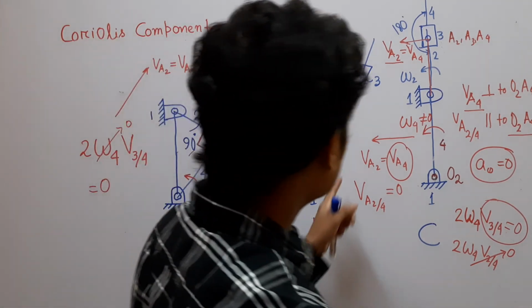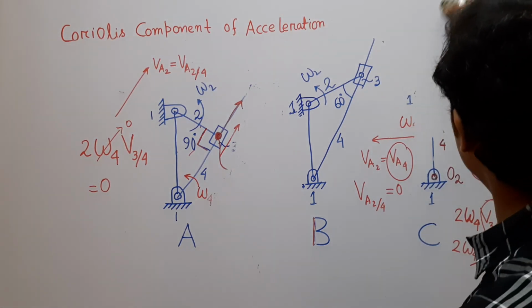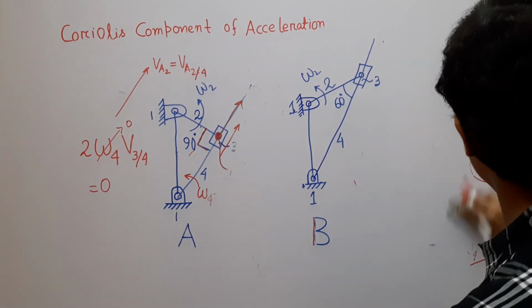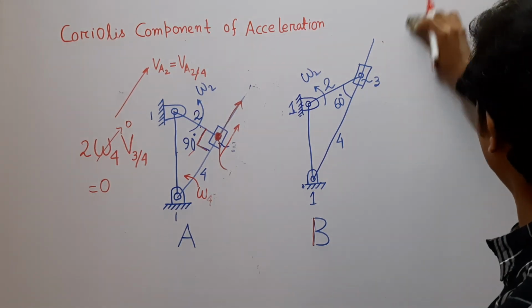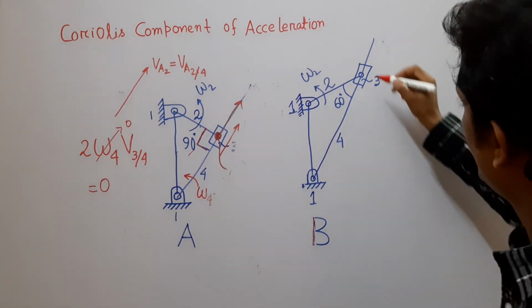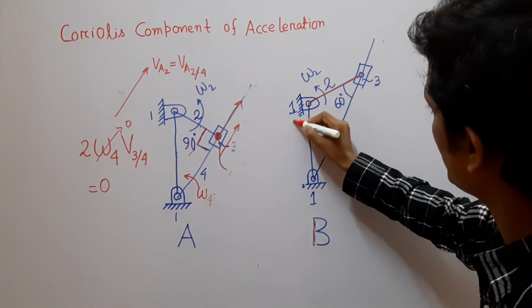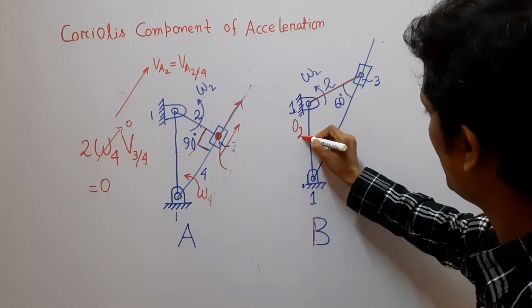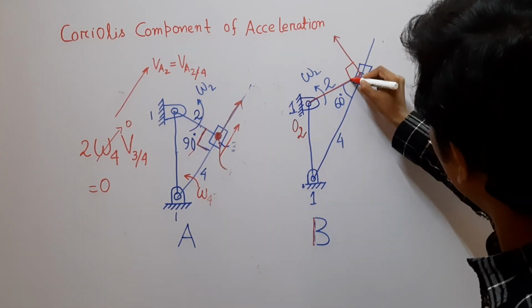Now let us come to this intermediate position. Let me erase these things. This is nothing but an understanding. We have done these things in velocity analysis. So if this is O2A, say this is O2, which is perpendicular, 90 degree.